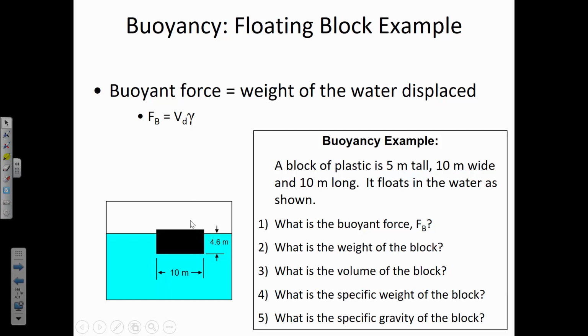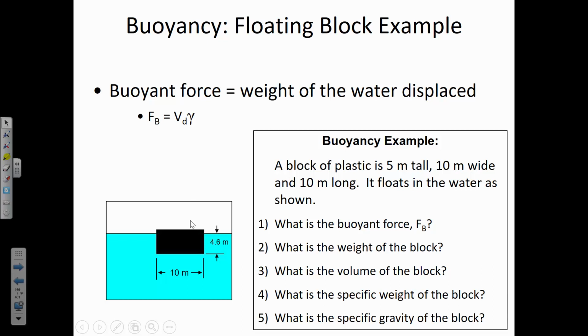I'm going to ask you to calculate some preliminary stuff like the buoyant force of the water that's acting on the object. Since it's floating in the water as shown, that phrase implies that it's floating in equilibrium. So the buoyant force is equal to the weight. F sub B equals W when it's in equilibrium, and we do have equilibrium.